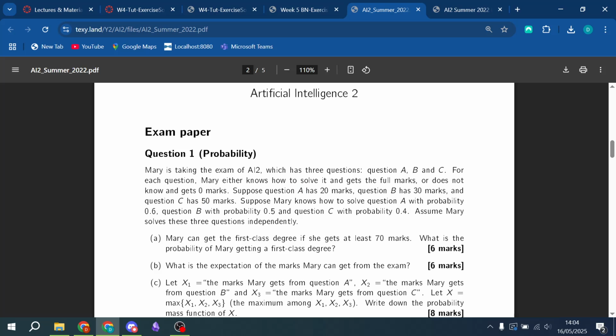There's a certain probability that she'll get full marks. With question A it's 0.6, with B it's 0.5, and with C it's 0.4. And they're all independent events. The first question is, what is the probability she gets at least 70 marks?